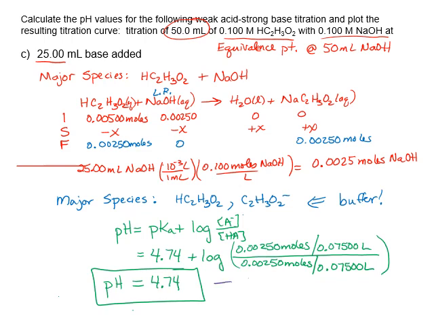This is an important point in the titration. It's called the half equivalence point, and it's a valuable point because the pH at this point is equal to the pKa. As we'll see later, we can use this to find the pKa of an unknown acid that we're titrating.